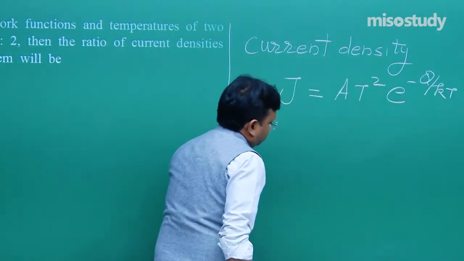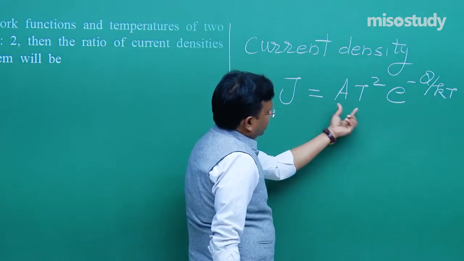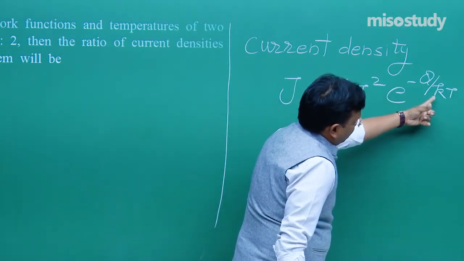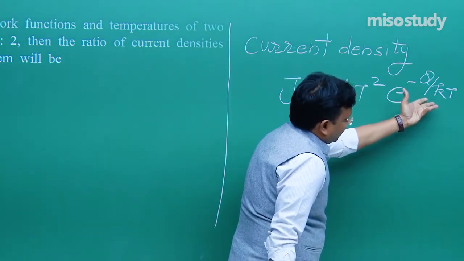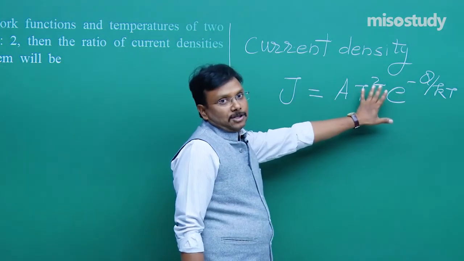Fine. Now this T is temperature, A is area, phi is the work function, and K is the Boltzmann constant. So this is the general relation.